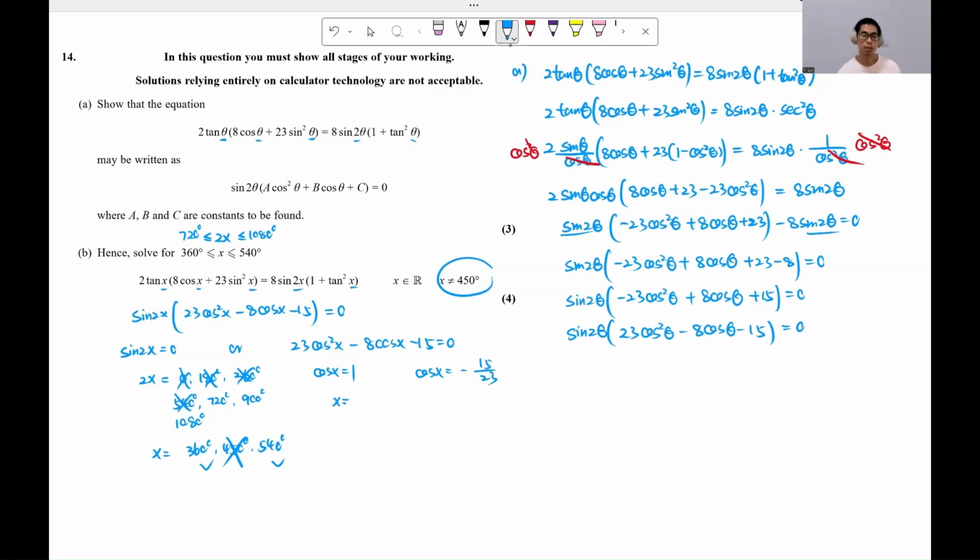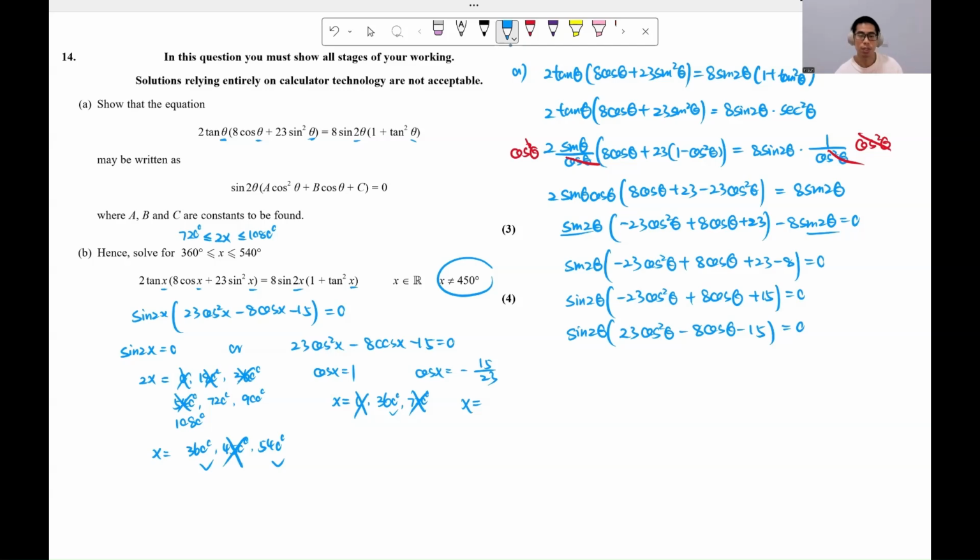If cos x equals 1, x is either 0, 360 or 720. But x can only be between 360 and 540, so ignore the others. So 360 is one of the solutions for this one, and we already have 360, but let's just keep it here.